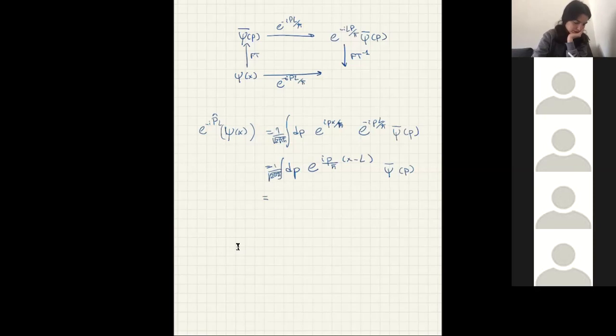Well, if you look at all of this, this looks just like a Fourier transform of the momentum wave function, but now instead of x, we have a new value of x, which is this x minus L. So this whole thing is just a wave function of x minus L. Okay, which means what?